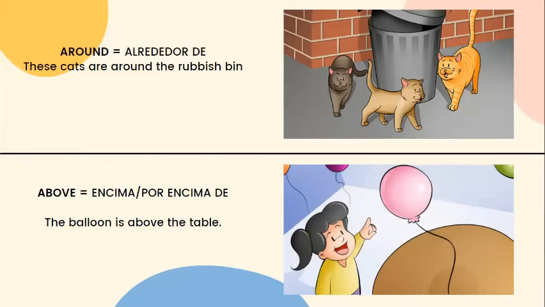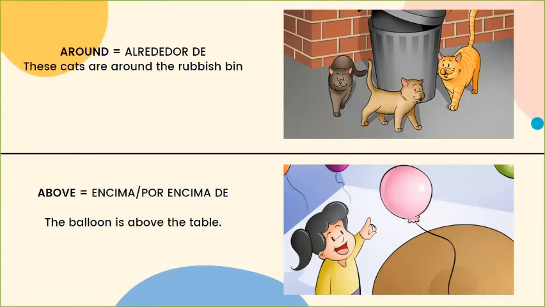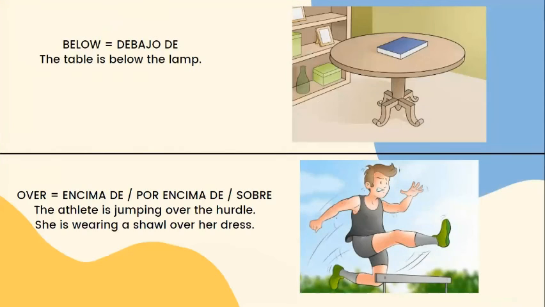Around signifies alrededor de. These cats are around the rabbit's bin. Above signifies encima, por encima de. The balloon is above the table. Below signifies debajo de. The table is below the lamp.